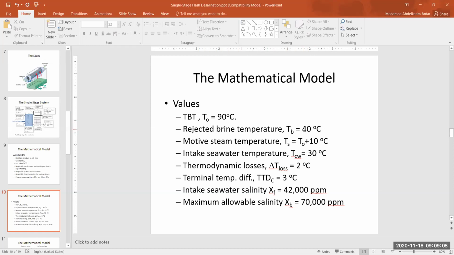And this is the key. Increasing the number of stages is one key parameter to increase the productivity. This is not like the MED. In the MED, increasing one effect means increasing the PR by 1. This is not the case in the MSF, because in the MED, we are generating vapor by the used vapor, like vapor which is formed in one effect goes to the second effect as a source of heat.